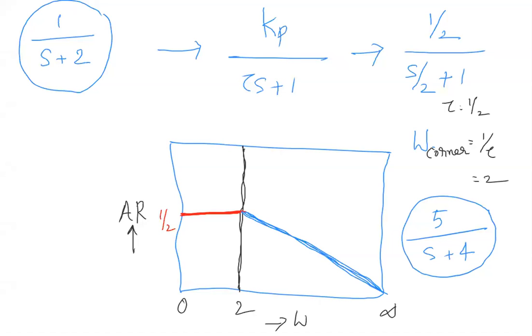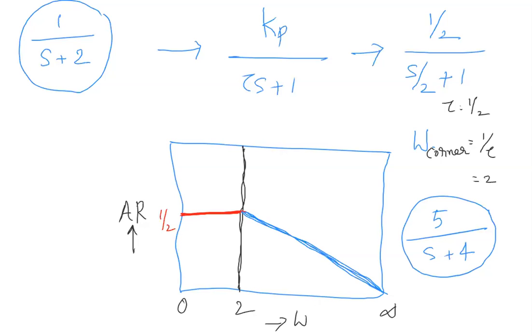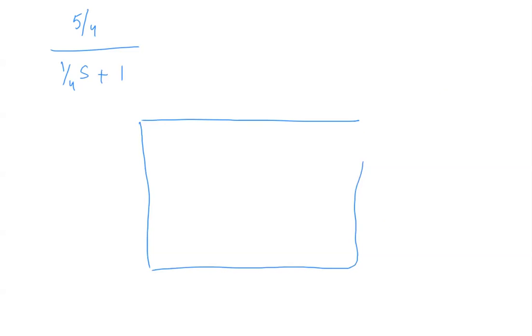So what is the Bode plot for 5 by s plus 4? If you translate this into standard form, what is the standard form? 5 by 4, 1 by 4s plus 1. Tau is 1 by 4.